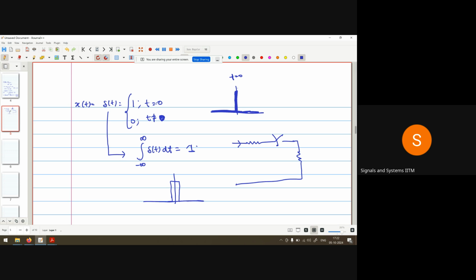This is the pulse duration delta. The value of delta is approximately 0, but practically it is not equal to 0.